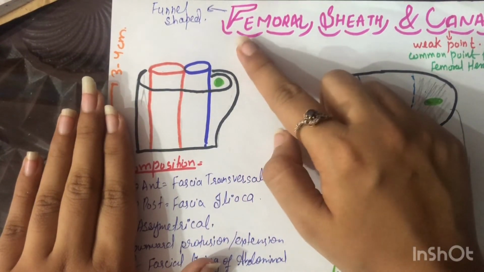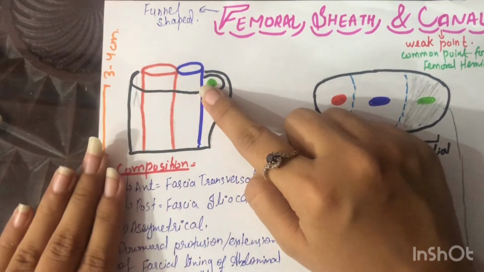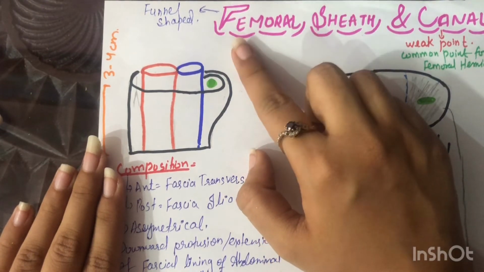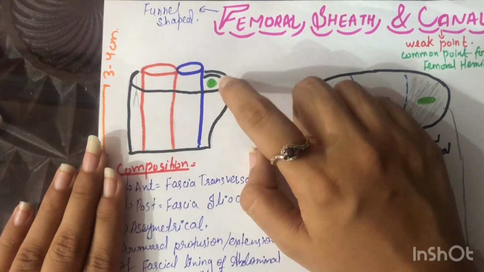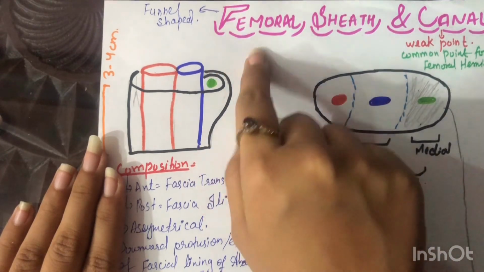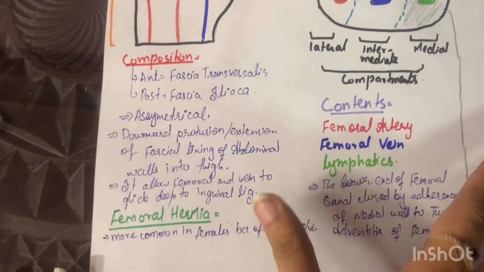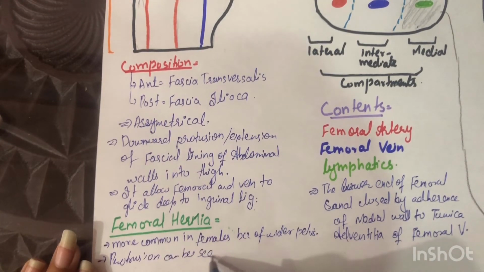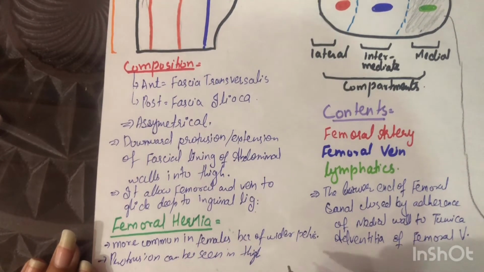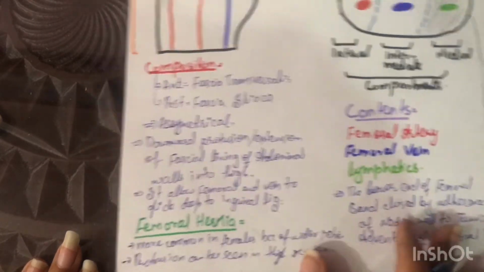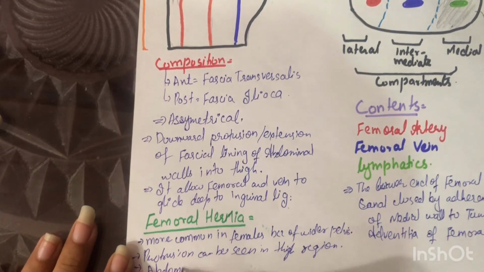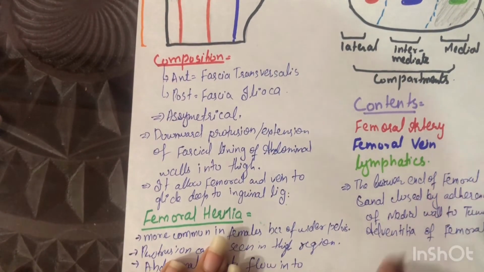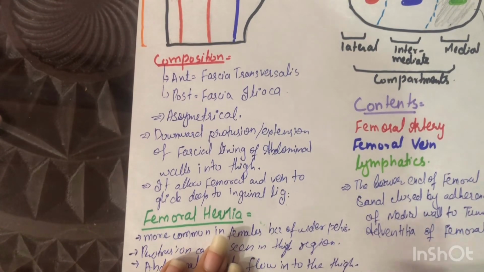So the abdominal contents flow here, enter this canal and then pass here, and because of the protrusion of the abdominal contents into the thigh region, in the middle compartment of the thigh, that is the femoral canal, a protrusion can be seen in the medial aspect of the thigh region, as the abdominal contents flow into the thigh, right?